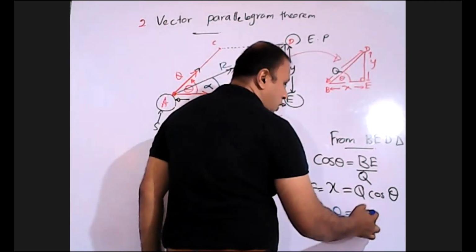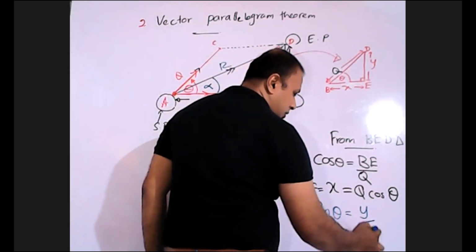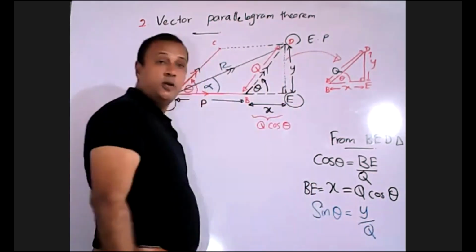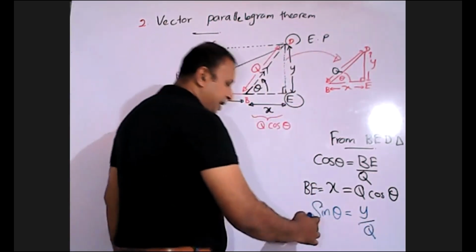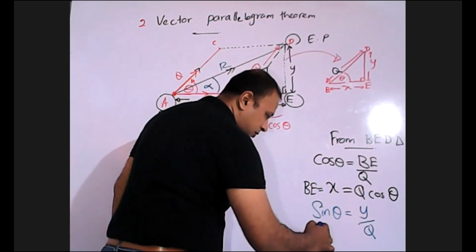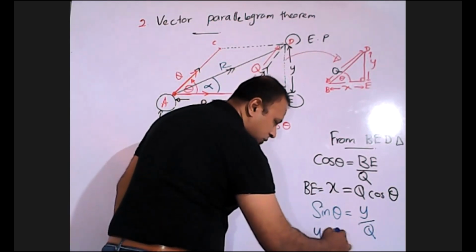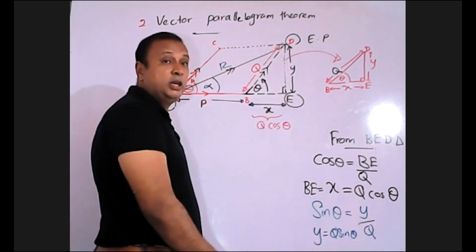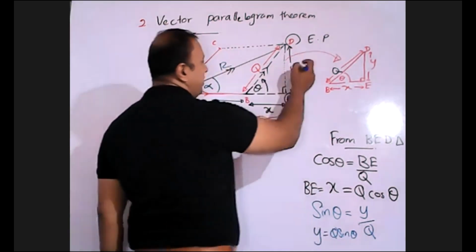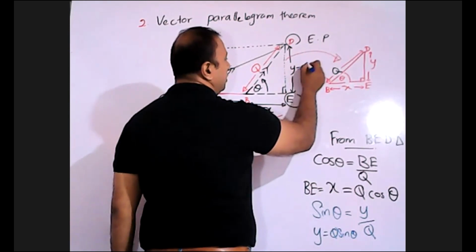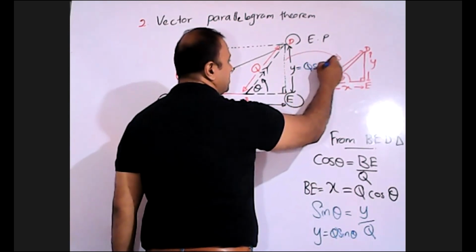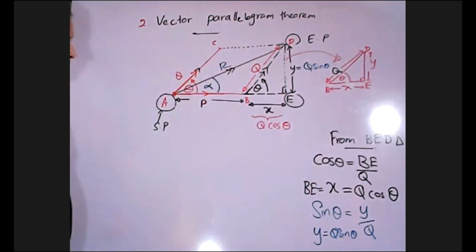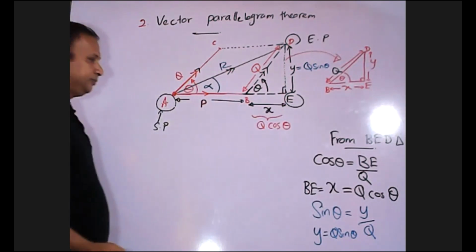Again, Y over Q. Then you can write Y is equal to Q sine theta. So Y is equal to Q sine theta. Okay.